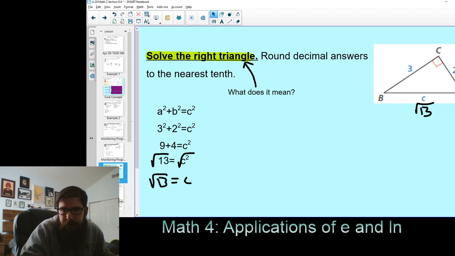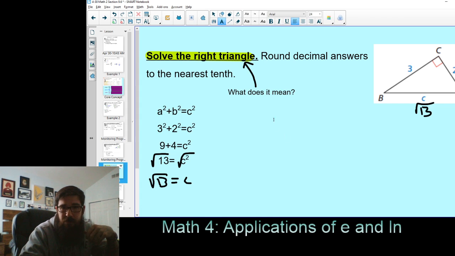Okay, let's start with angle A, just going alphabetically. From angle A, I have a square root of 13, sure. Really, I have all three sides, so I can use any trig function that I want. However, since it gave me the opposite side from angle A, which is 3, and the adjacent side, which is 2, if I have opposite and adjacent, my brain's already going right to tangent.